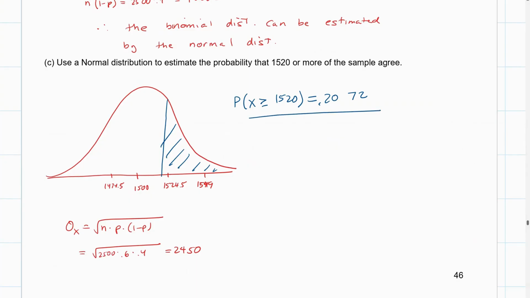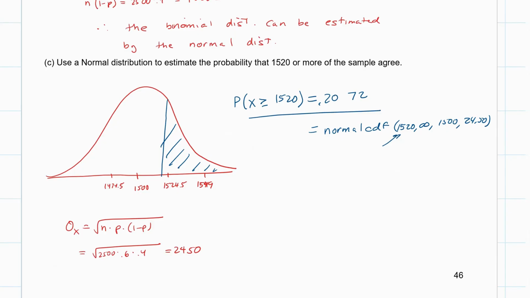And we should remark that this is normal CDF, lower bound 1520, upper bound infinity, mean of 1500, and standard deviation of 24.50.